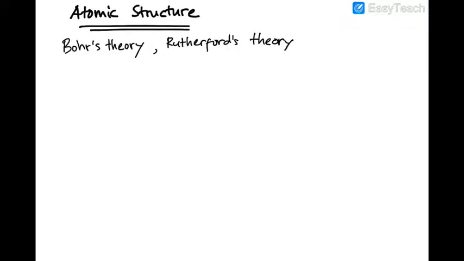So according to Rutherford's theory, the atom should look like this. You have a nucleus in the middle, and the nucleus consists of positively charged protons and neutrons, as we discussed in the previous segments.